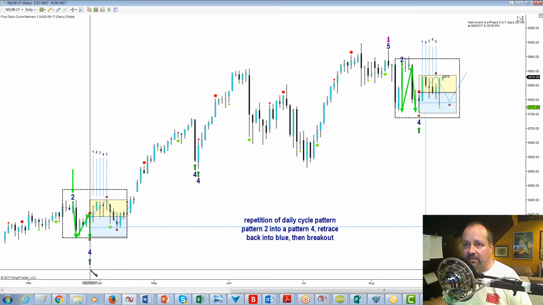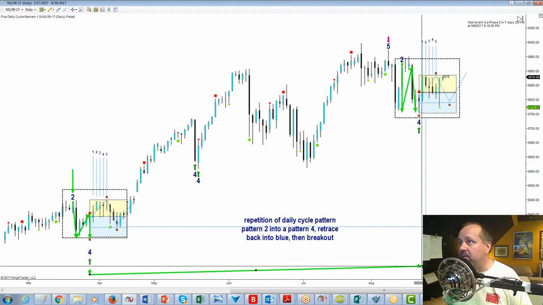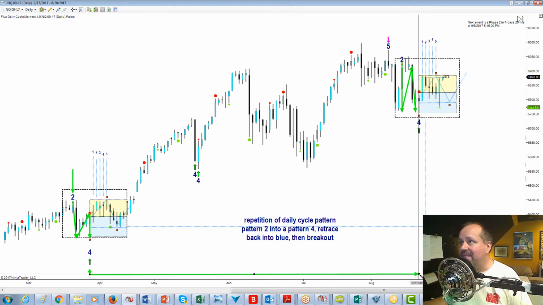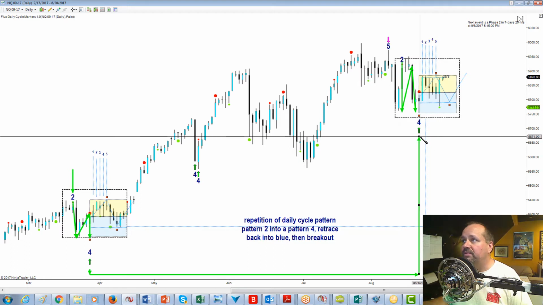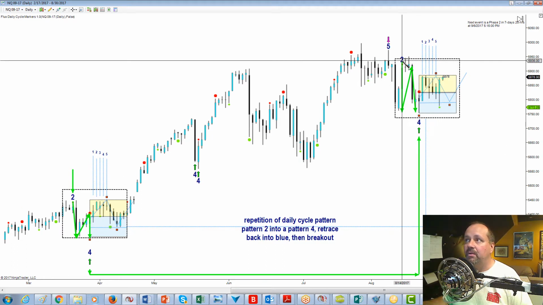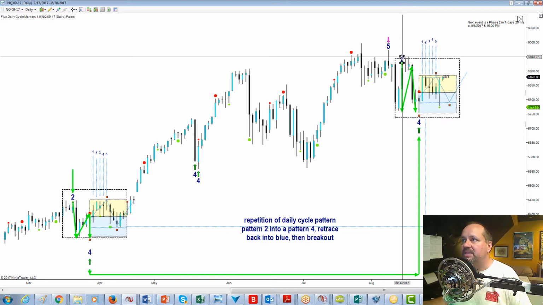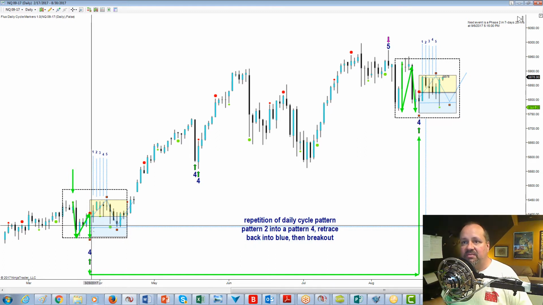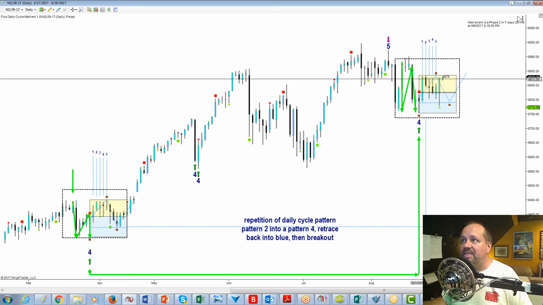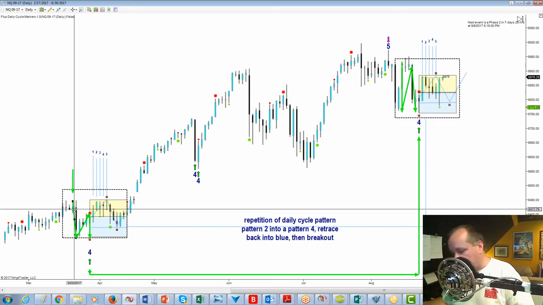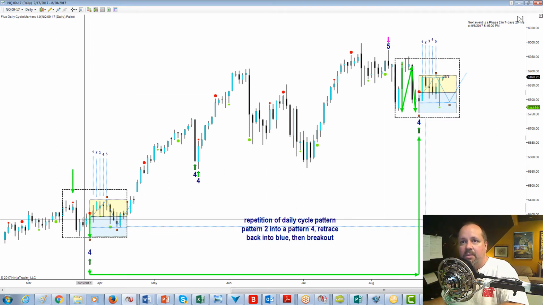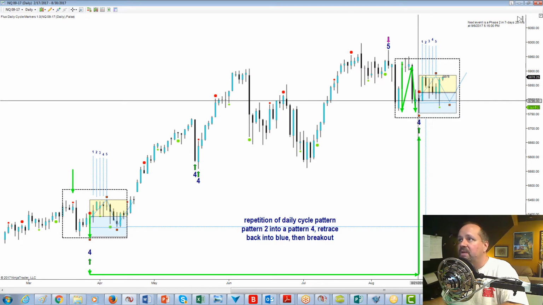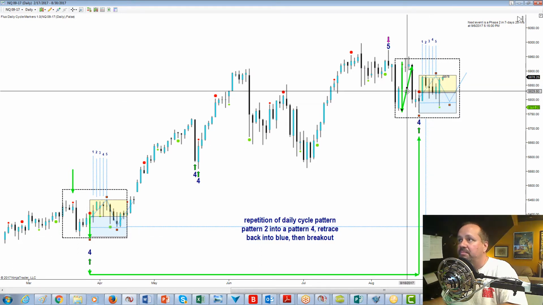So these signals right here are nearly identical in their position relative to the high at the phase 2, or the high rather at the upper red dot. That's actually a phase 3. Pattern 2 down into a phase 4. Okay, so we see that same constellation, right? The upper left corner is a phase 3, and then we have this double bottom into a phase 4. It happens on both of these patterns.